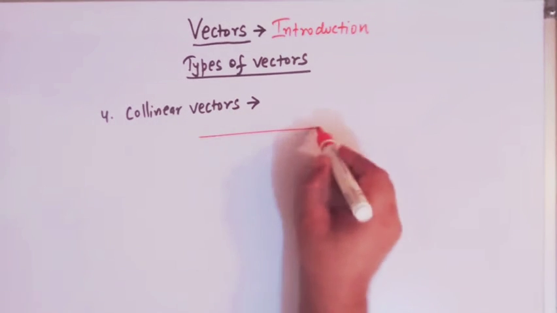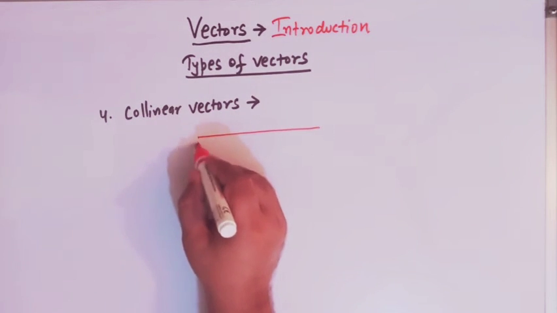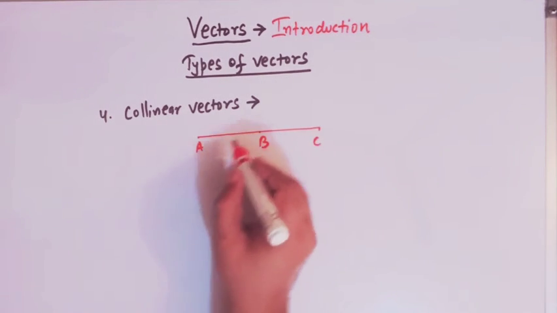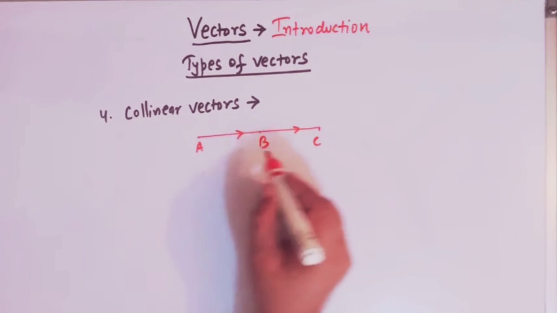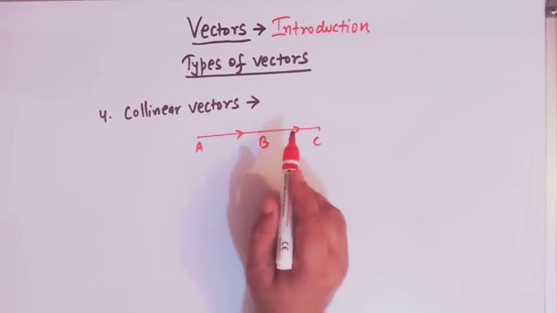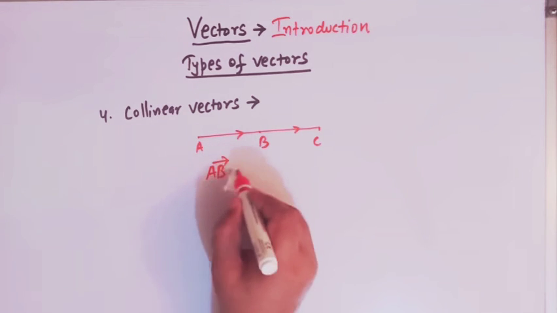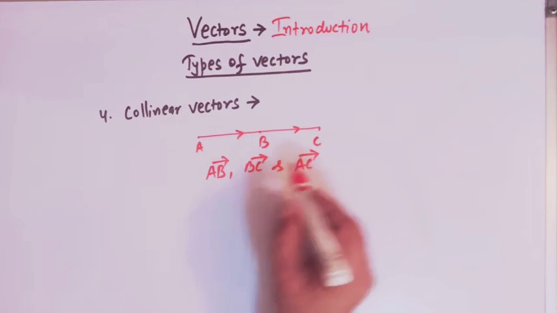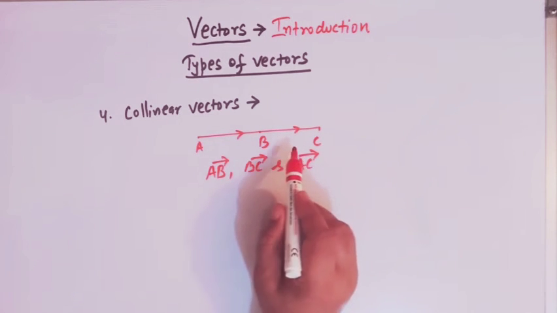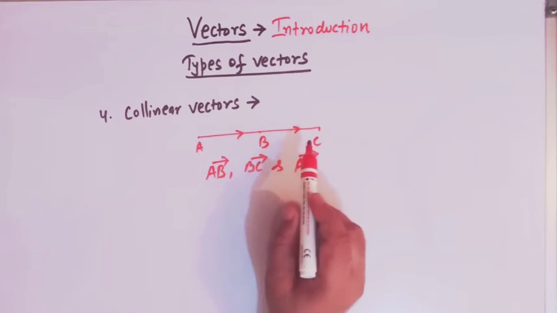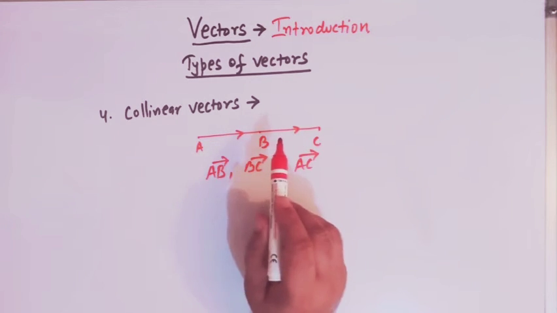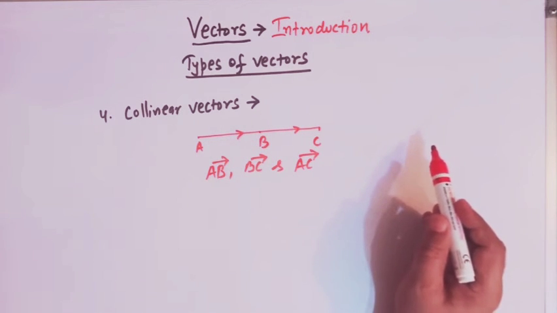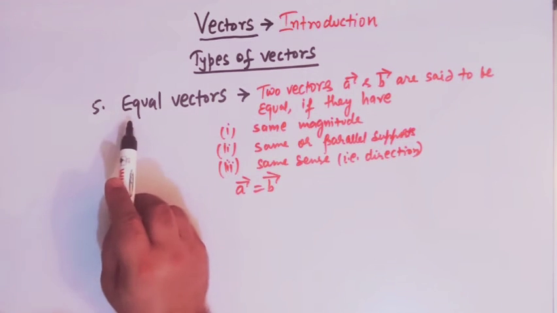For example, suppose here we have A, here we have B, and here we have C, and the direction is as shown here, and in this figure we see that vector AB, BC and vector AC, all these three vectors are collinear vectors, right? So two or more vectors are said to be collinear if they are parallel to the same line, irrespective of their magnitudes and direction.